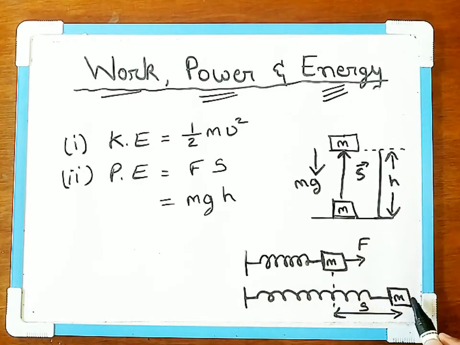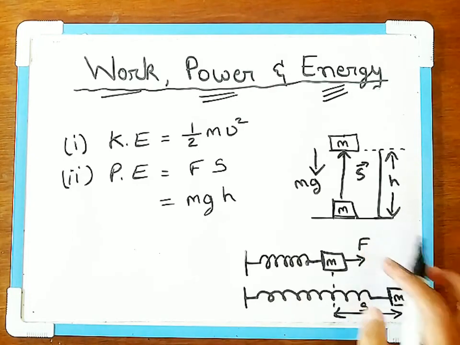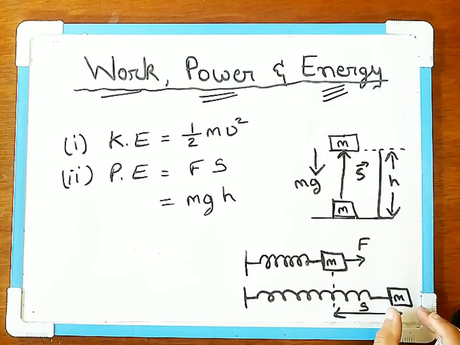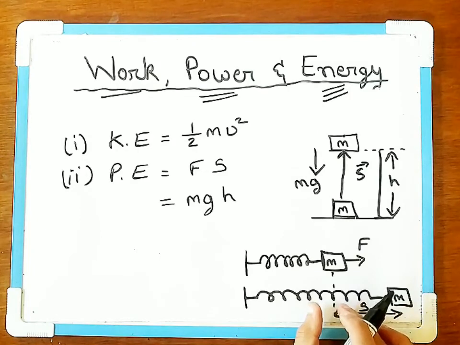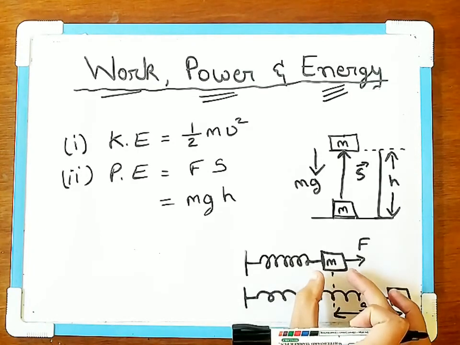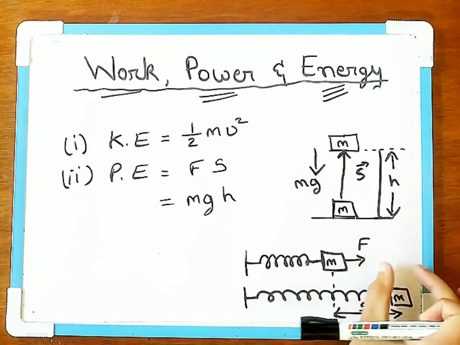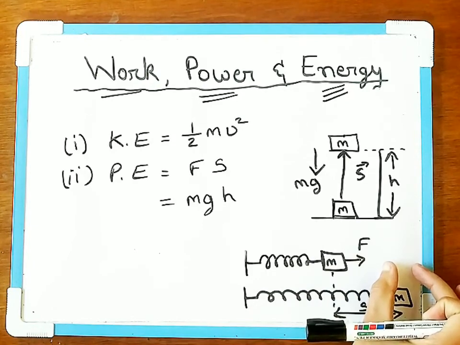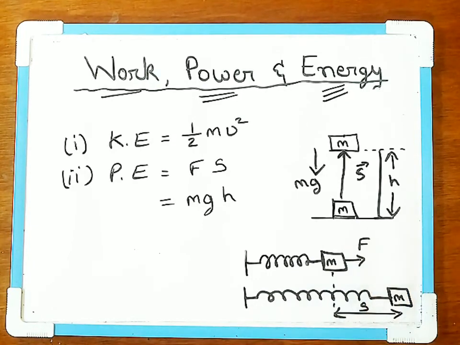If you stop applying the force, this block of mass M will come back to its original position. So if we stretch this block of mass M from this position to this position, we are applying a force, and if we stop applying that force, this block of mass M will again come back to this position.